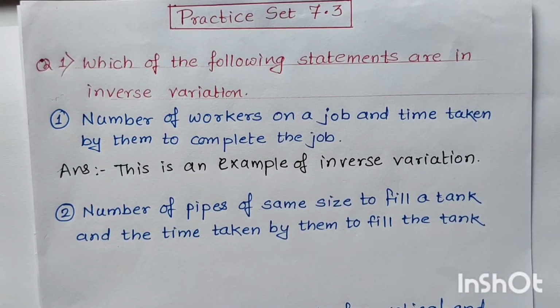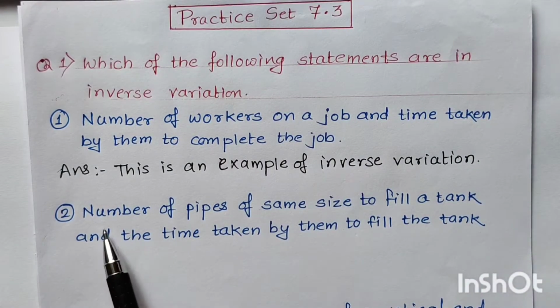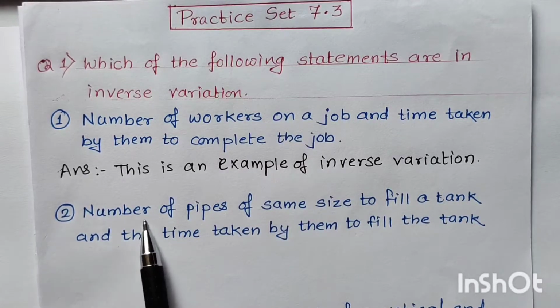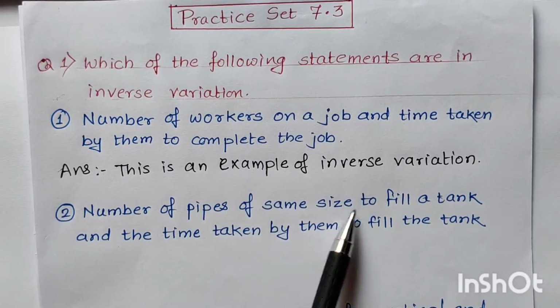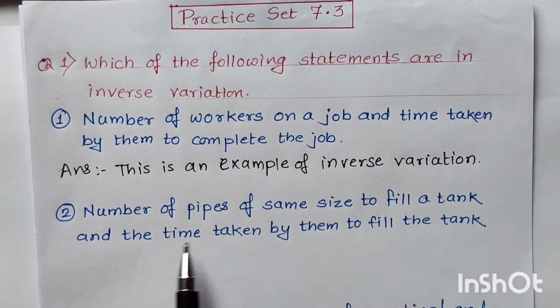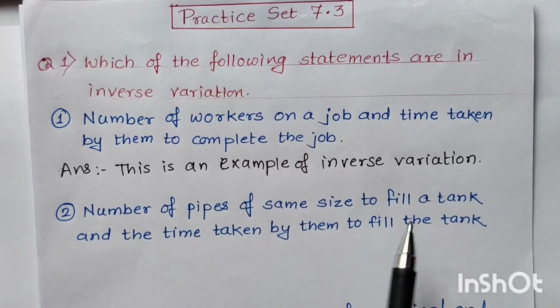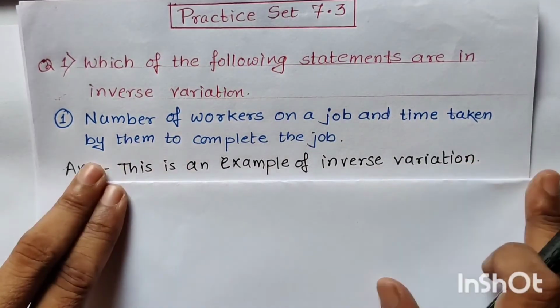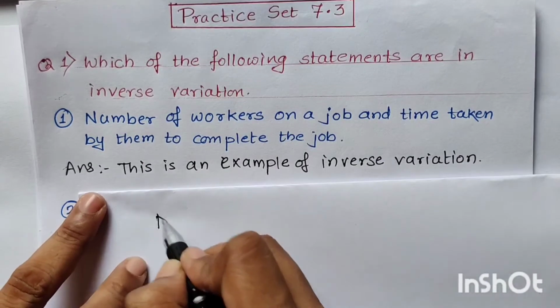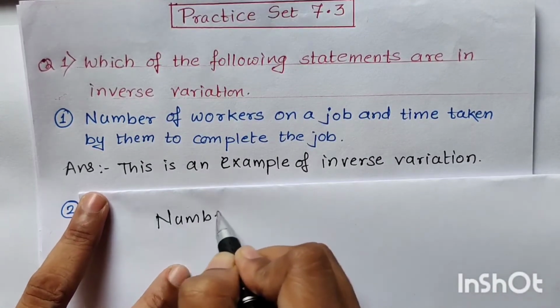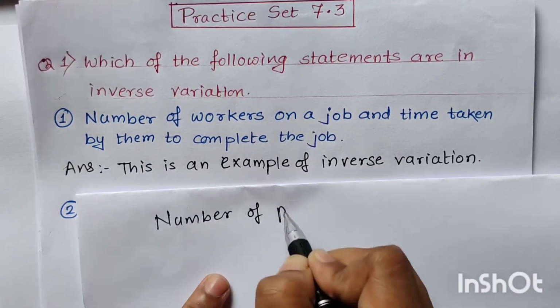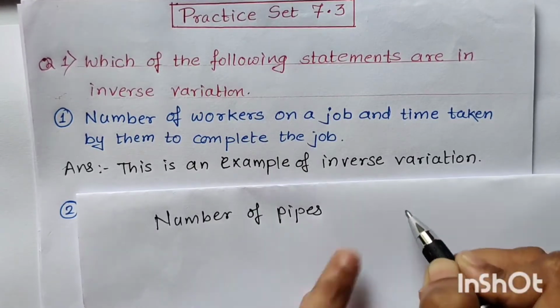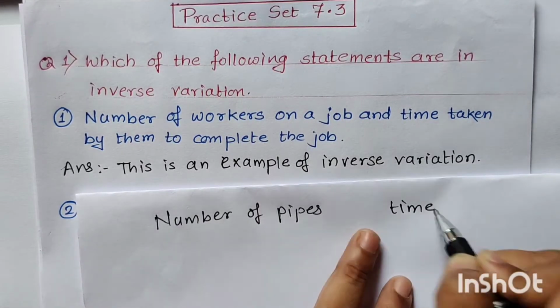Okay. Now let us see the second one. Again same thing here. Read the sentence carefully. Number of pipes of same size to fill the tank and time taken by them to fill the tank. So let us see, number of pipes I am writing here and time taken to fill the tank.